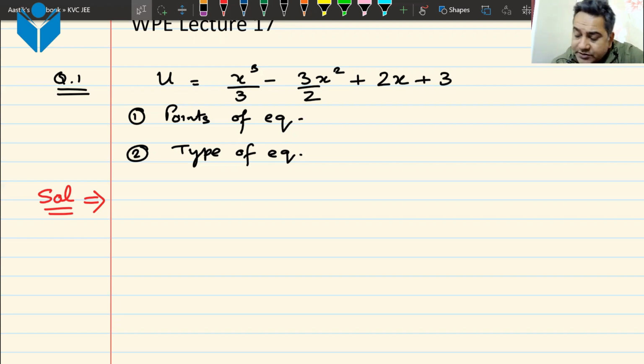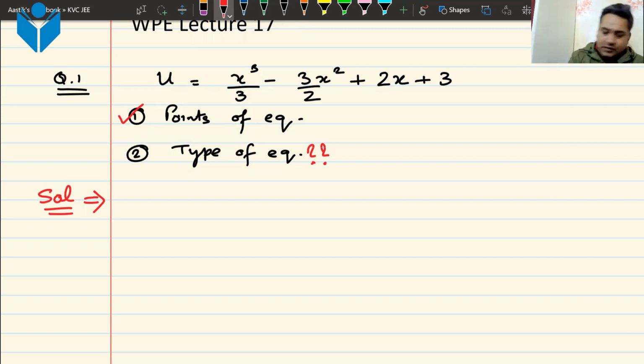That is the first question, beta. Don't tell me the answer. 2, 1. So how many points are there? 2 points. So in both the points, it is stable equilibrium. There are 2 points. In both the points, is the equilibrium stable?